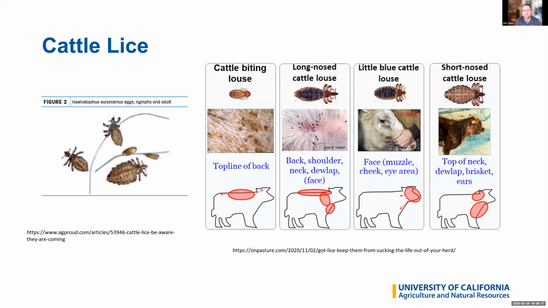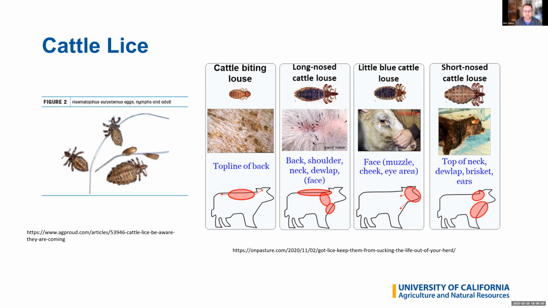So just to give you a little bit of the biology of lice, all lice lay their eggs by attaching them to hairs. If you think about human head lice, they attach their eggs, or nits, to the hairs of humans. Cattle lice are similar. They attach their eggs to the hairs of cattle. Sometimes in a heavily infested animal, you'll see lots of little eggs, little nits, stuck to hairs, particularly around the tail head.